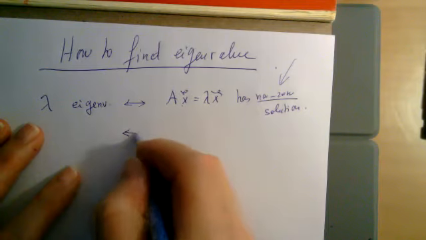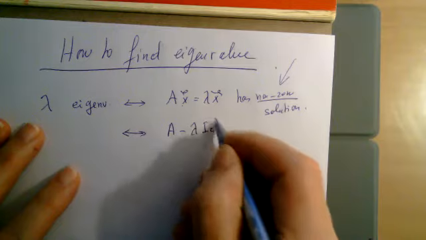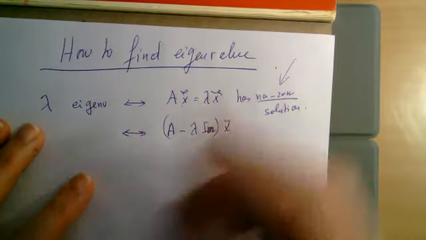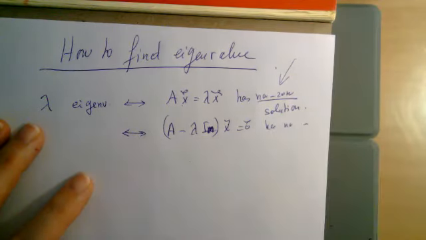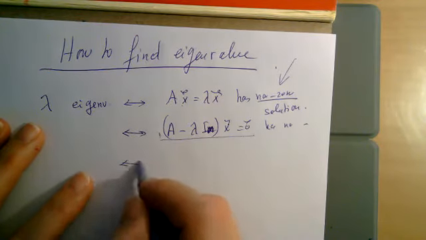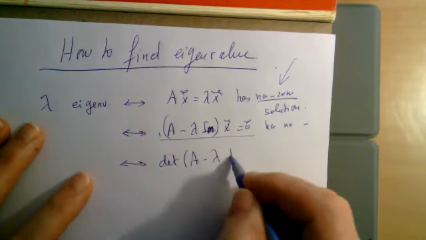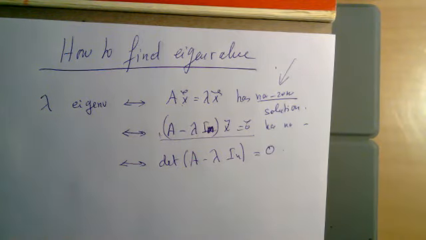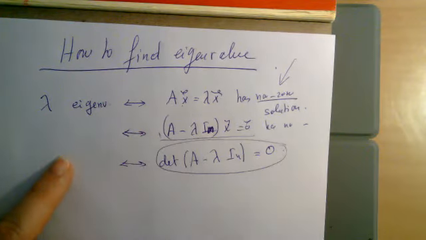Now it means that A minus lambda I times x, and this is n by n, I don't have to have it 2 by 2, equals 0, has a non-zero solution. So lambda is an eigenvalue if this homogeneous system has a non-zero solution, which means the determinant of A minus lambda I is equal to 0.